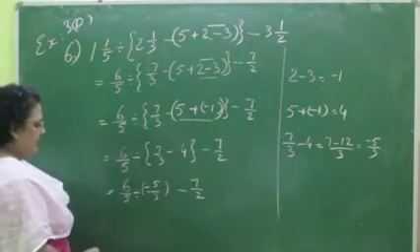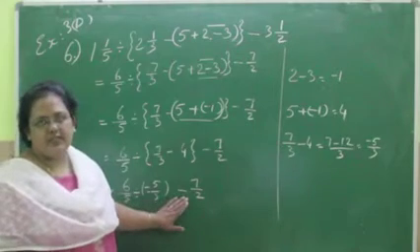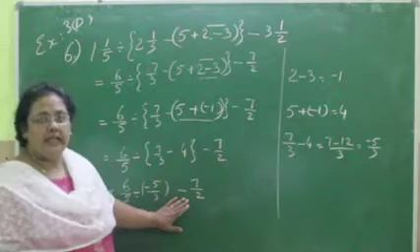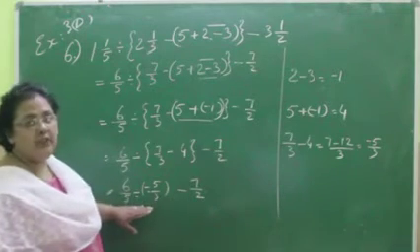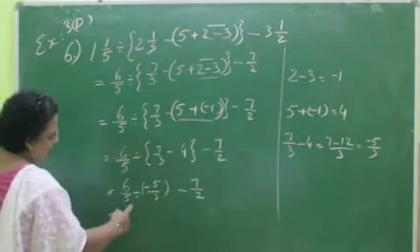What is next? Here division and subtraction is coming, but here we have to follow which rule? BODMAS rule. According to that, division we have to do first. Okay. So we will do the division part here.